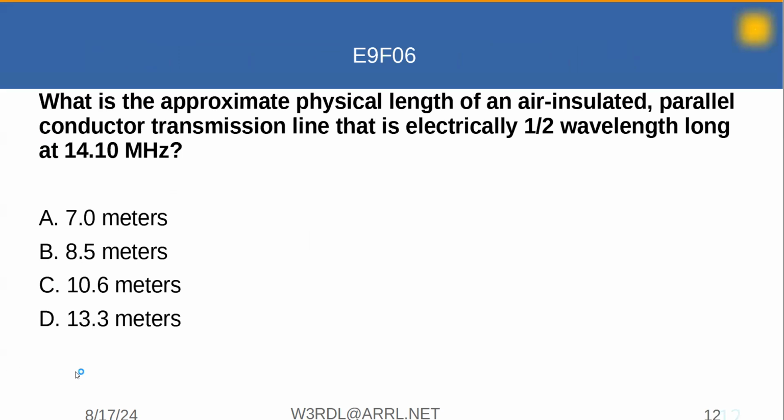What is the approximate physical length of an air-insulated parallel conductor transmission line that is electrically 1/2 wavelength long at 14.1 megahertz?